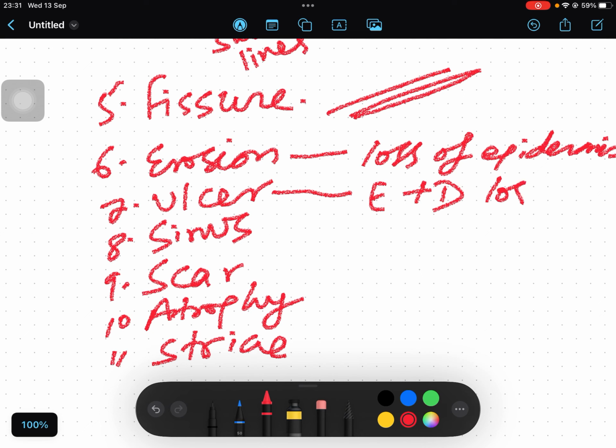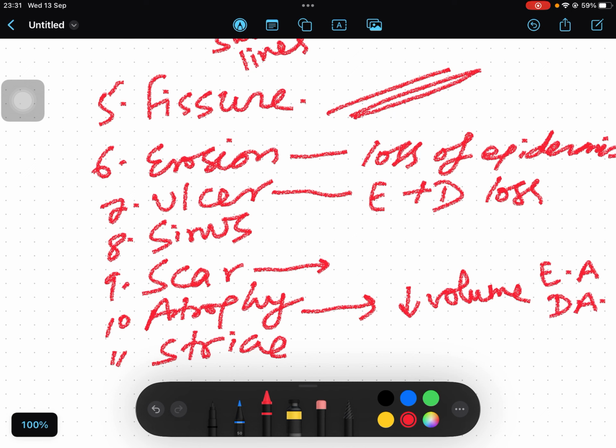Loss of epidermis as well as dermis. Sinus is a blind tract that communicates with a cavity inside the body. Scar is formed when an ulcer heals. Atrophy is a decrease in volume of a tissue. So it may be epidermal atrophy or dermal atrophy.